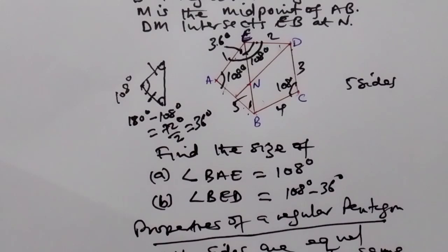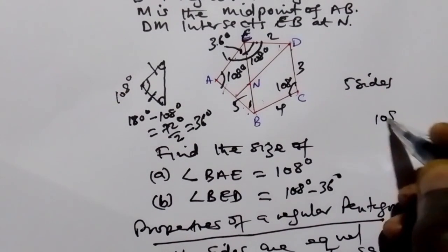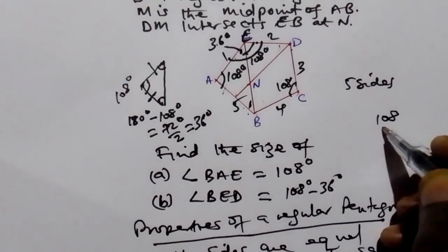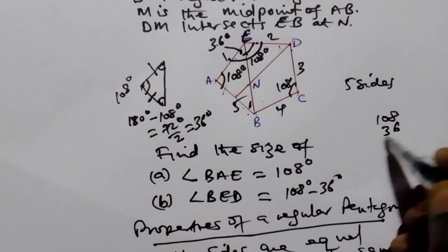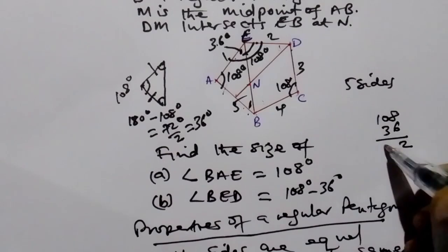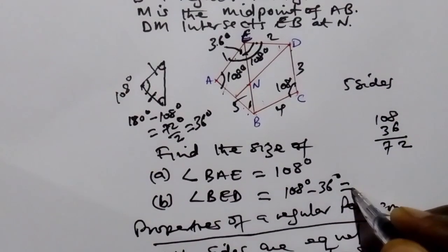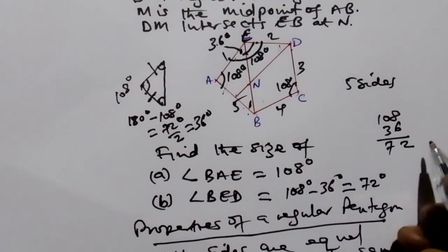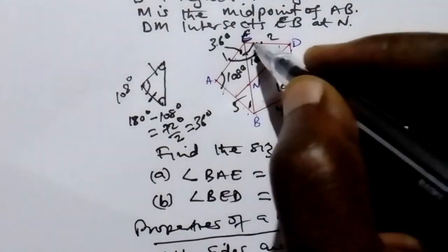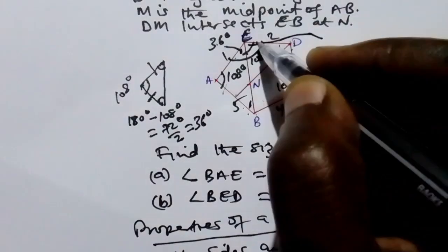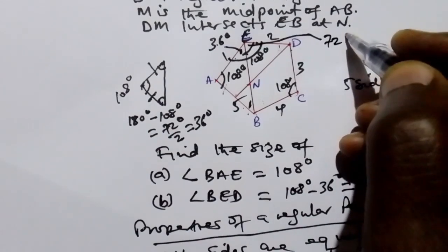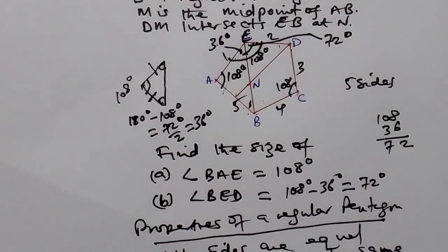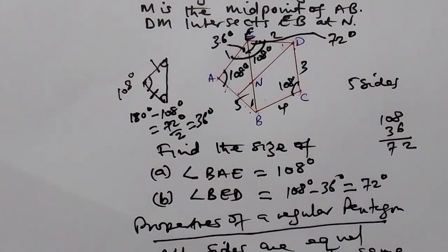So that is 108 minus 36, which is 72. So our angle BED is going to be 72 degrees. So this angle here is going to be 72 degrees.